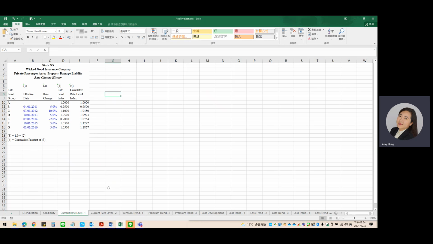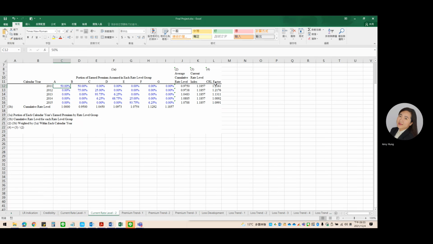We learned this method during the class, so this sheet shows the derivation of the cumulative rate value, which is here, and the current rate index to obtain current rate level factors in this sheet.